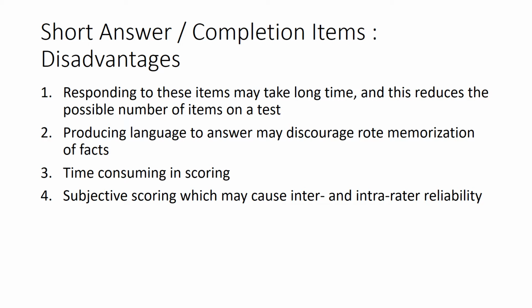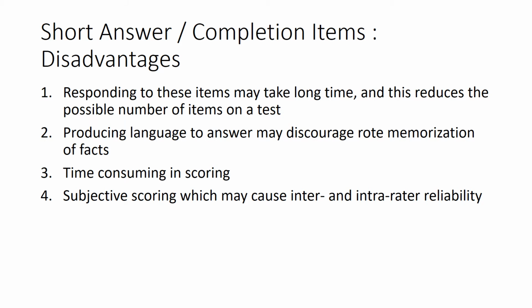But what about the disadvantages? Number one, responding to these items may take a long time, because the students need to think of the answer and then produce the language and check their language. After they write or produce their answer, they have to check it in order to make sure whether it is correct or not.